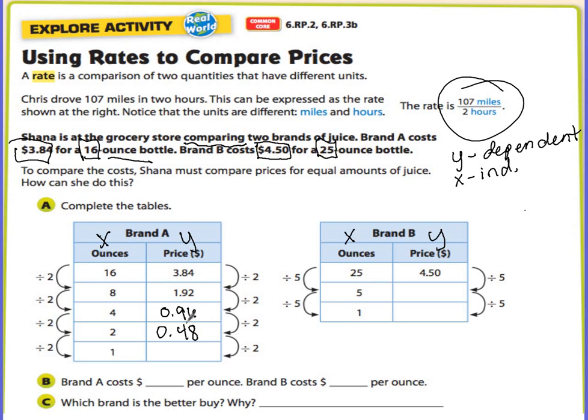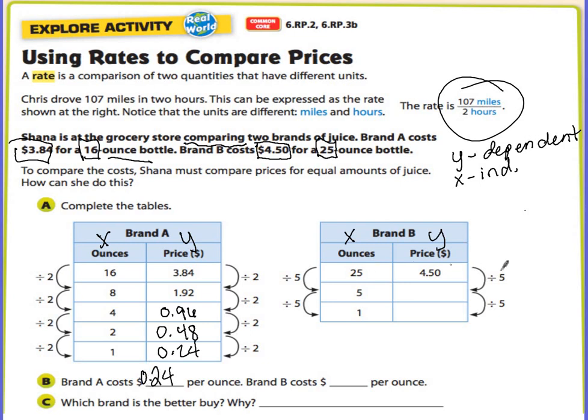So it's 48 cents, but that's per 2 ounces. And then I can divide by 2 again, and I know that it would cost 24 cents per 1 ounce. So brand A is 24 cents per 1 ounce.